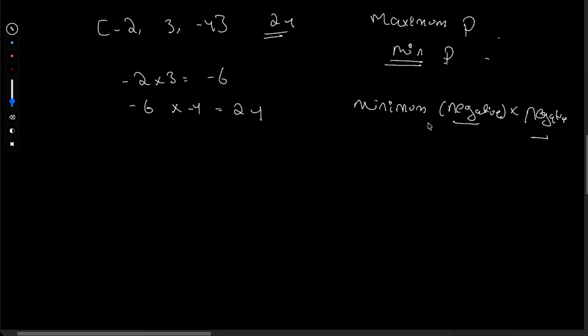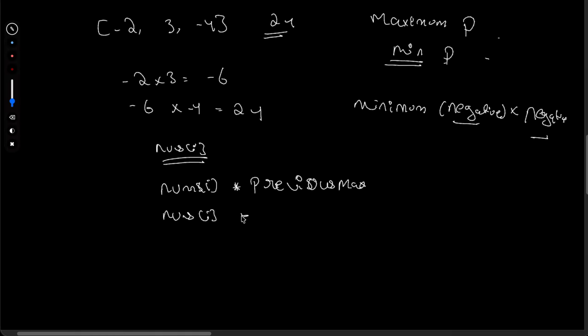Suppose the current number is nums of i. At every step we calculate nums of i, nums of i into previous max, and nums of i into previous min.